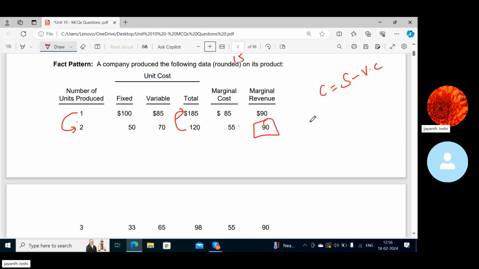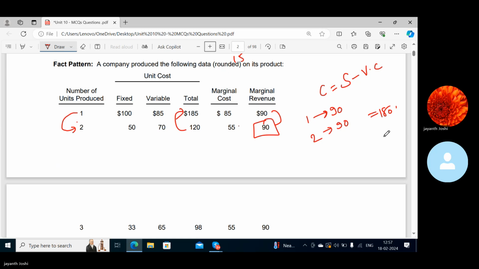If you have made 1 unit, the revenue you earned is 90. For the 2nd unit, the incremental revenue is 90. So total revenue for 2 units would be 180.